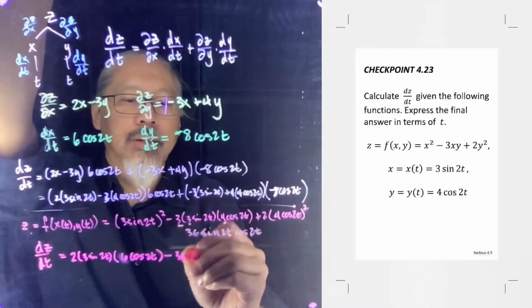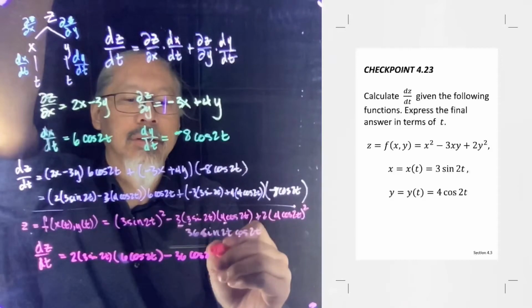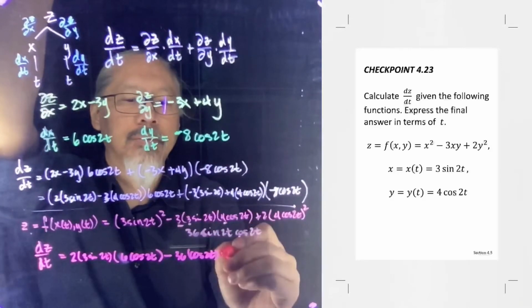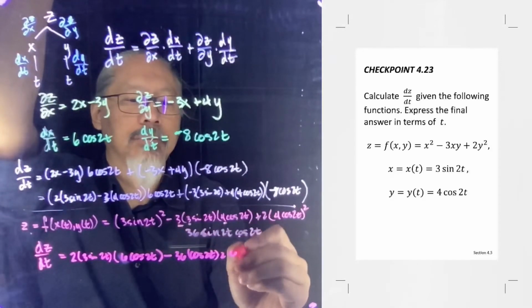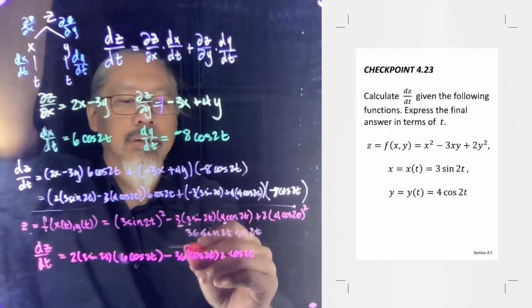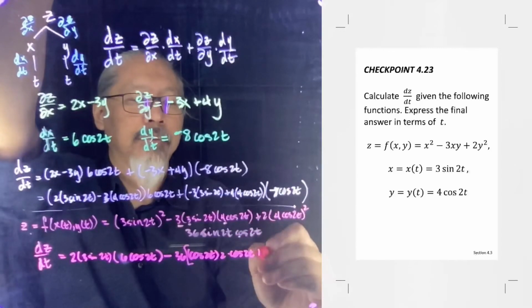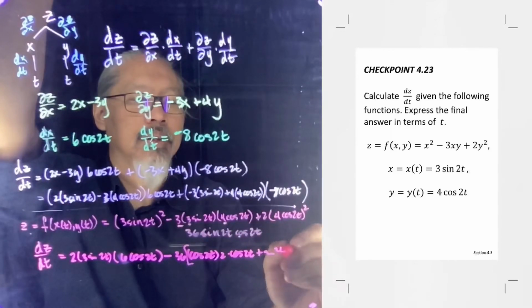We get 36, and then the derivative of the first is cosine 2t times 2 times the second, cosine 2t, plus the first, sine 2t, times the derivative of the second, so it's negative 2 sine 2t.